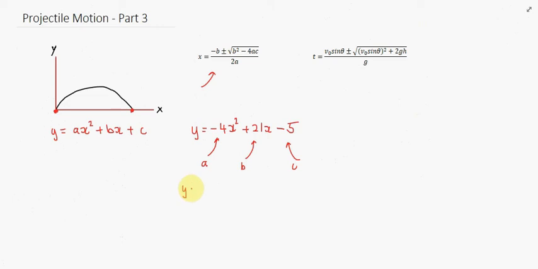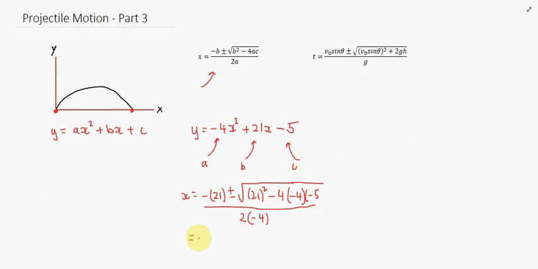This x is equal to minus b, so it's minus whatever the value of b is, which is 21, plus or minus, which is where the two different roots will come from, the square root of 21 squared, right, it says b squared, minus 4 times whatever the value of a is, in this case negative 4, times whatever the value of c is, which is negative 5 in this case. And all of that divided by 2 times a, which is negative 4.